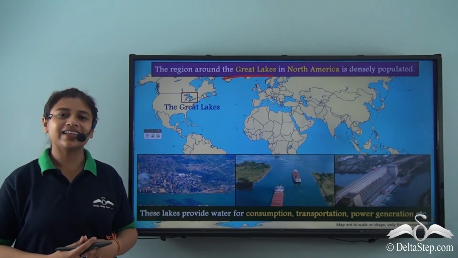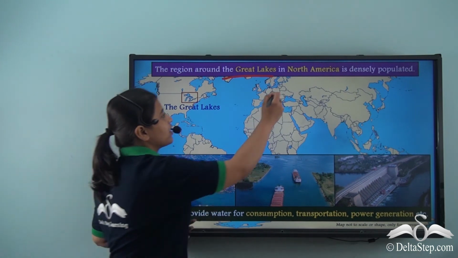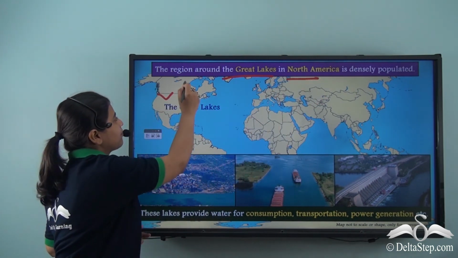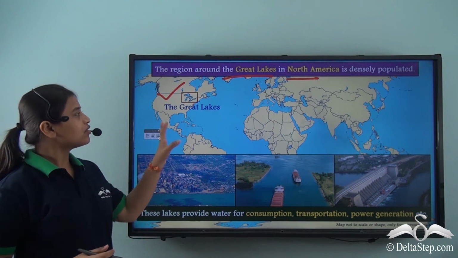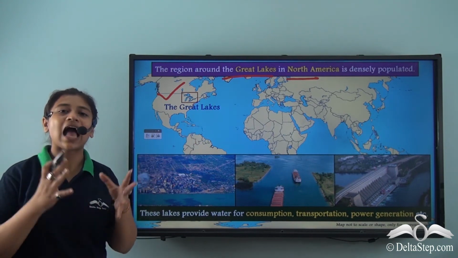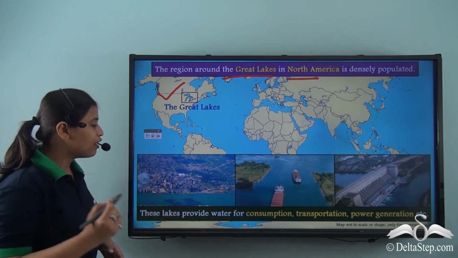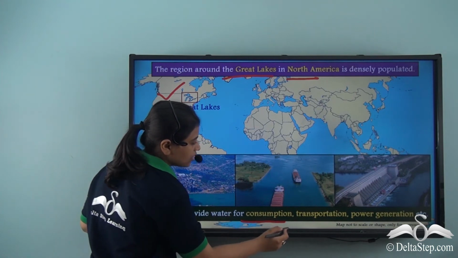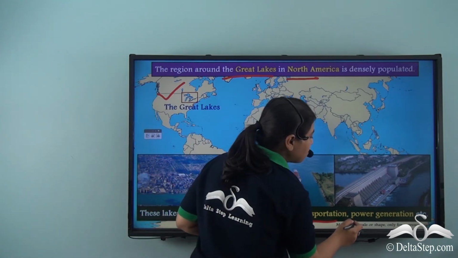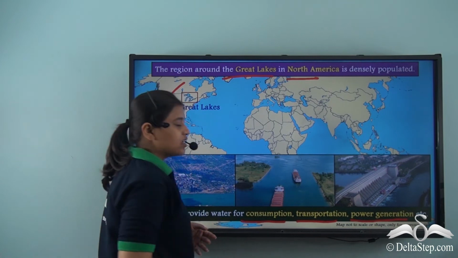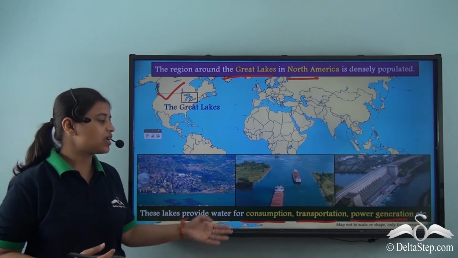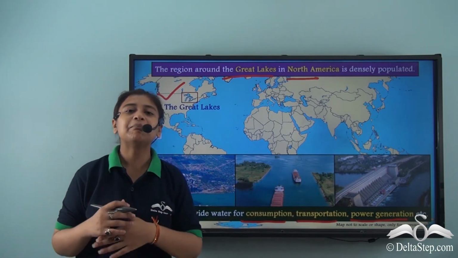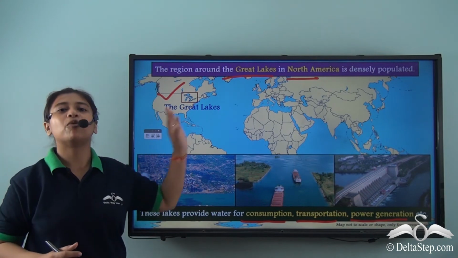We know that the Great Lakes is situated in North America, that is right here. The region around the Great Lakes receives an ample amount of water for consumption, transportation and power generation. Because it favors such important activities, it makes the region densely populated.